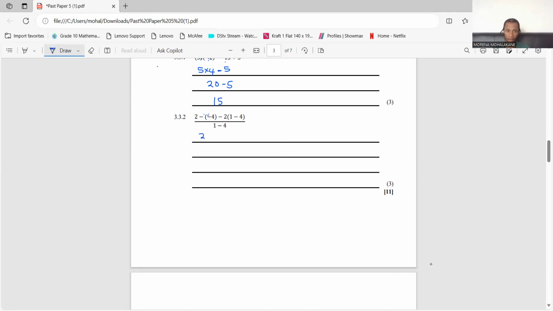So when I have 2 plus 4, then minus 2 multiplies this and this. So I have negative 2 plus a positive 8, and that gives me 6. So this answer is 12.